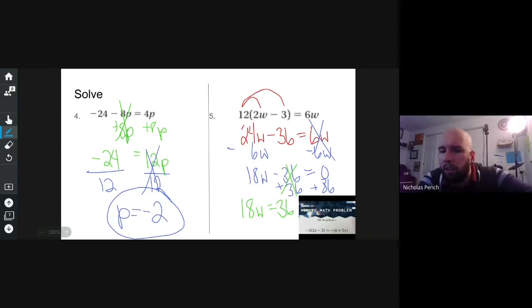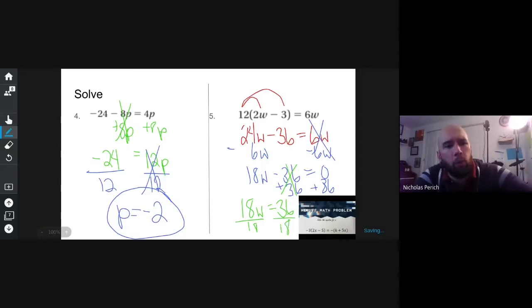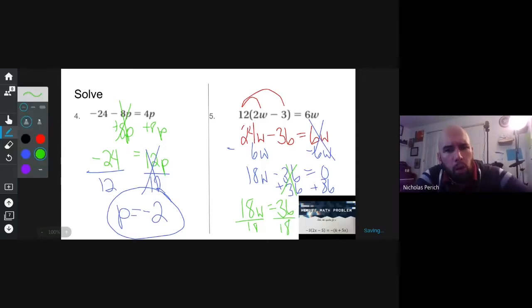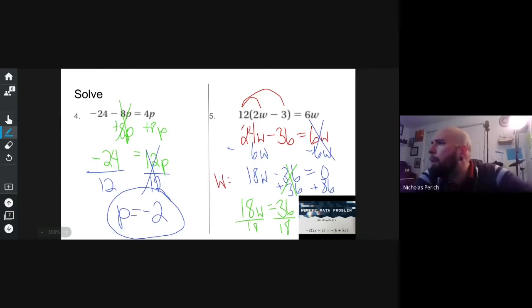I know it's 36, but my writing is bad because I'm writing on a screen. Divide by 18, divide by 18, and I ran out of room. W equals 2.